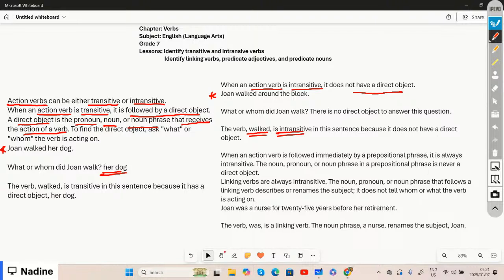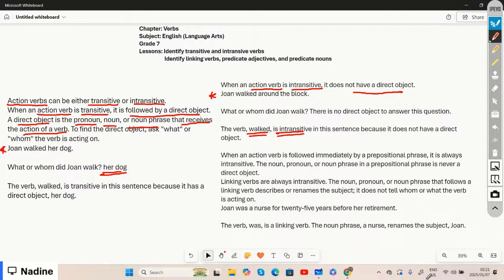It is either the pronoun, the noun, or the noun phrase that receives the action of the verb. And when it is intransitive, it does not have a direct object. It does not answer the question of whom or what it is acting on.